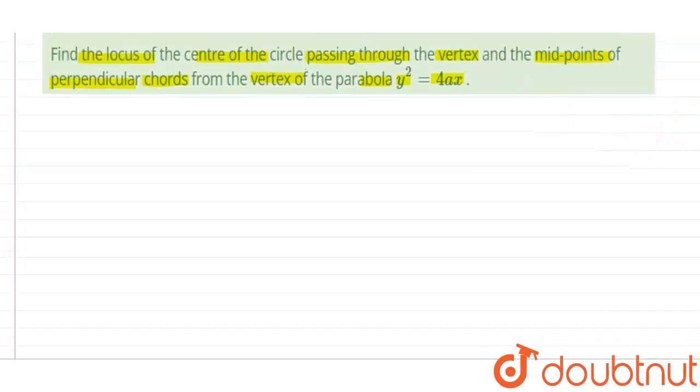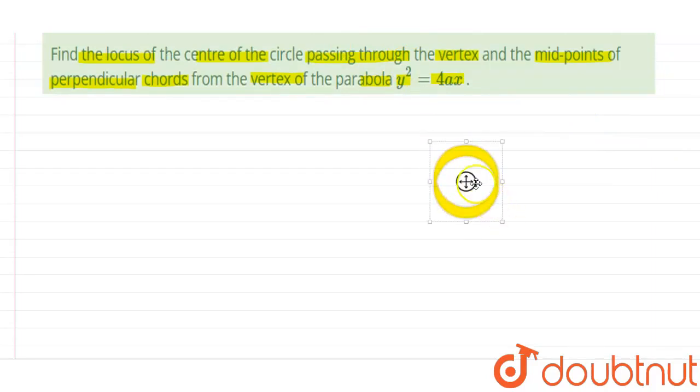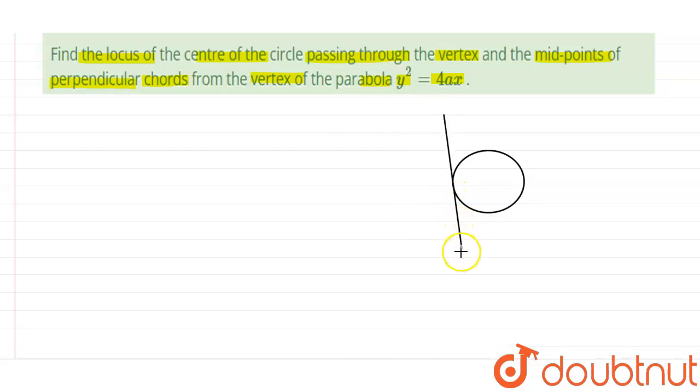One of the circles you have to consider, and the axis also you can consider. This is the axis, just an example.